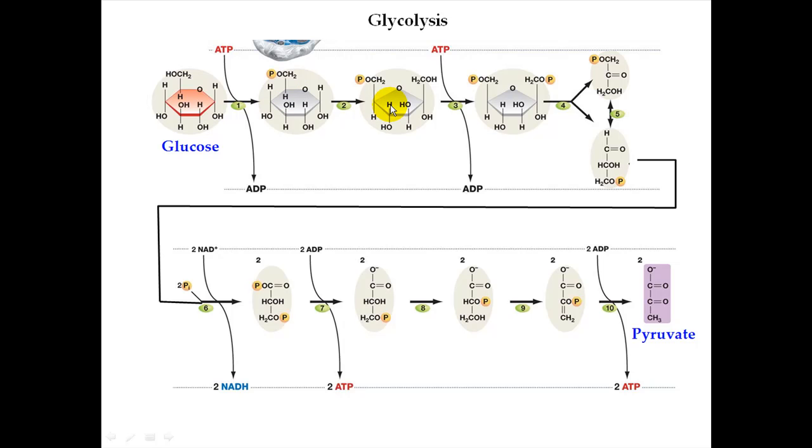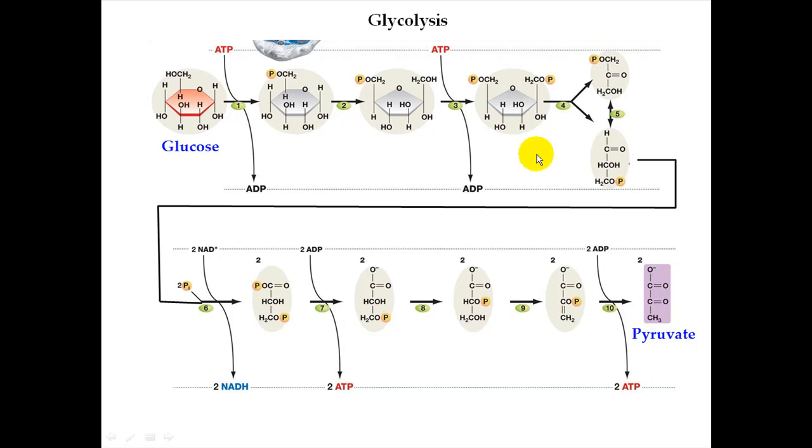Here 4 of the carbons are found within the ring structure, and then you have 2, this one and this one, outside. So it turns out that this is a molecule of fructose, this is a molecule of glucose. So during this first phase of glycolysis, glucose actually gets converted into fructose before it eventually gets 2 phosphate groups on it.